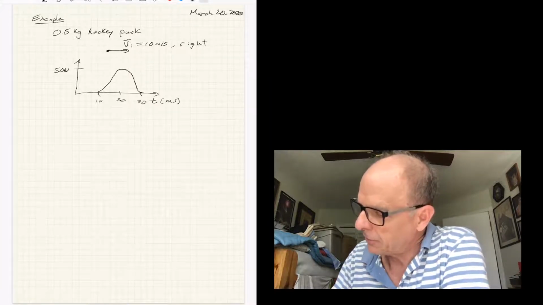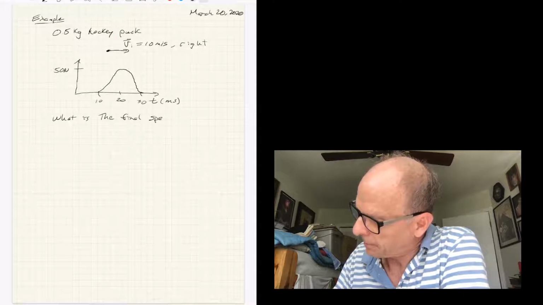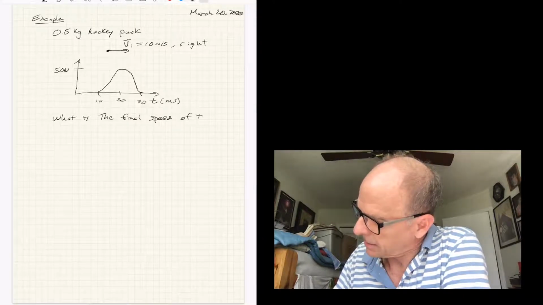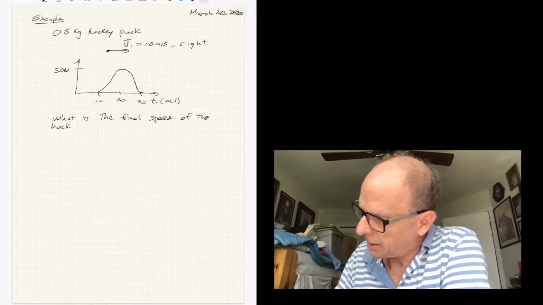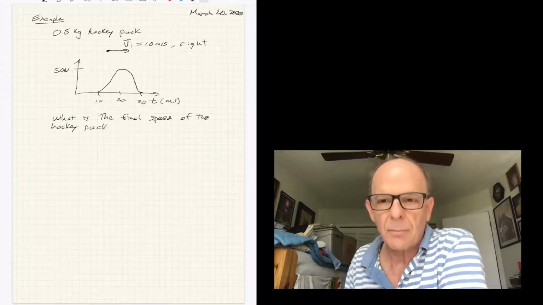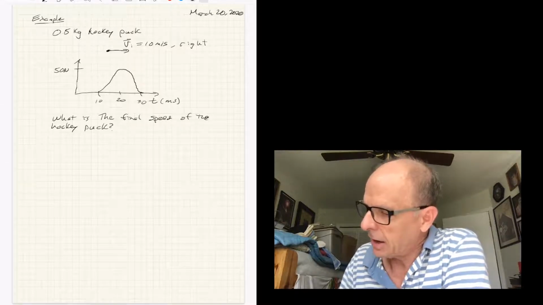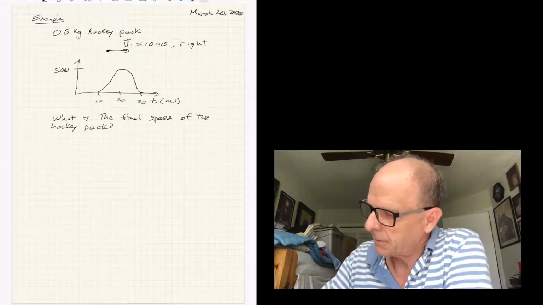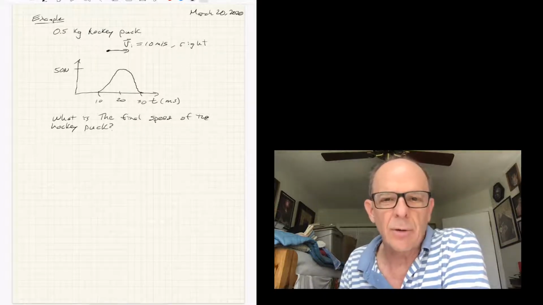And the question is, what is the final speed of the hockey puck? Okay, we're given the mass of the hockey puck, 0.5 kilogram.